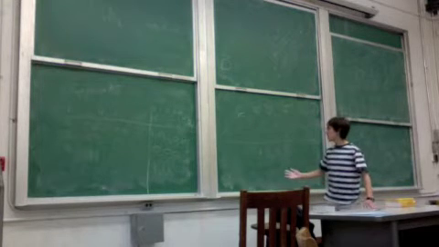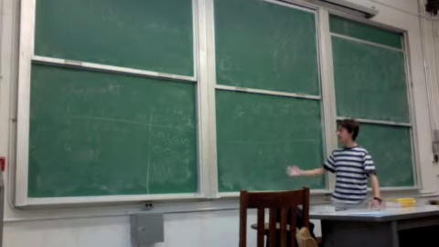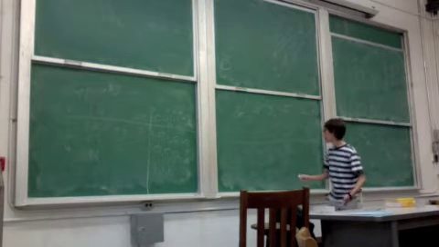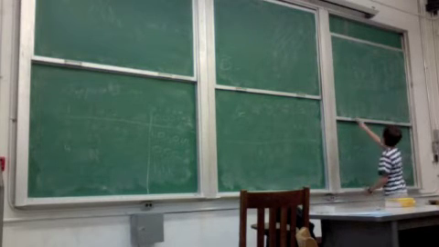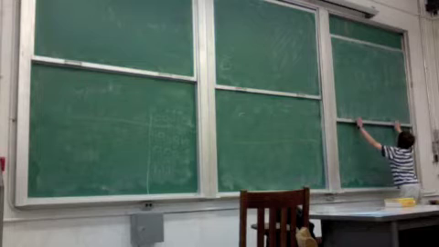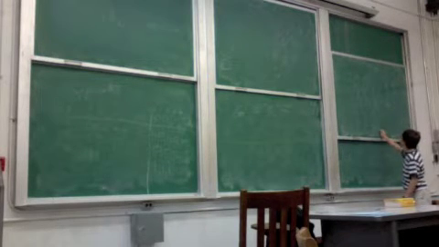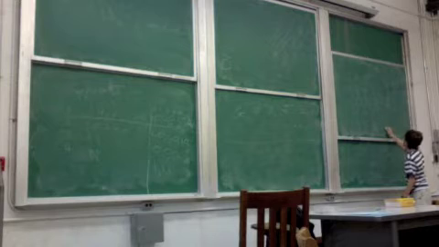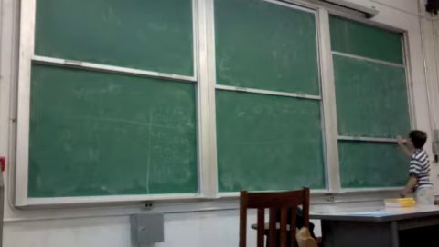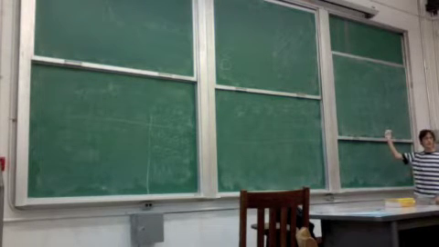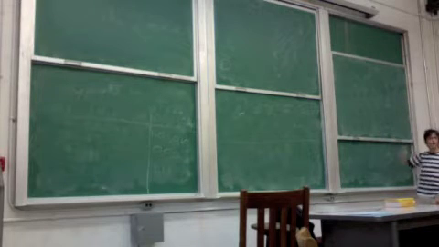So, first order logic, you build sentences out of these in the way that you would expect. So, for example, this is a sentence. There is some x such that x equals itself.